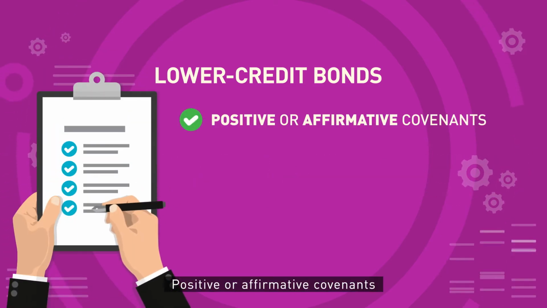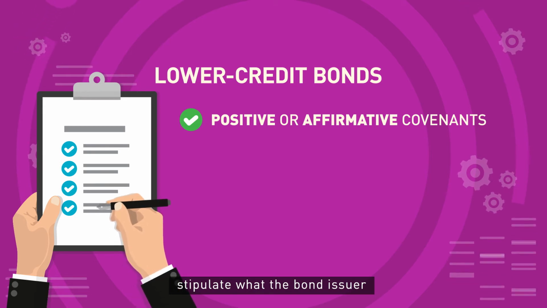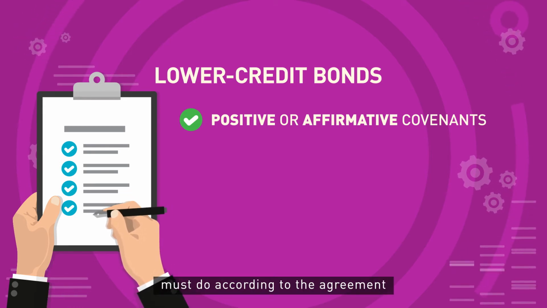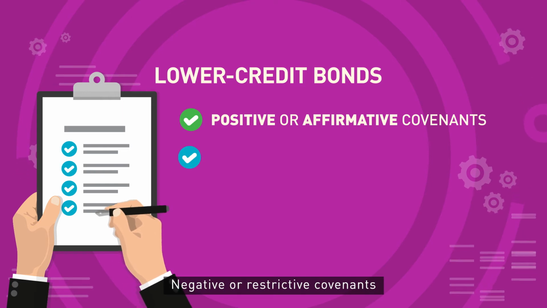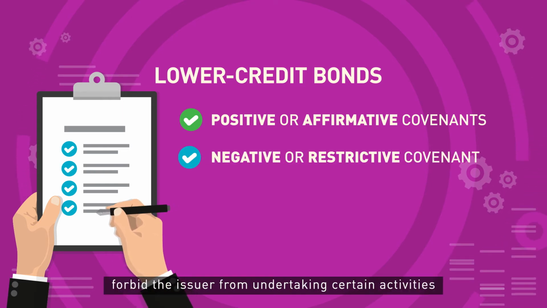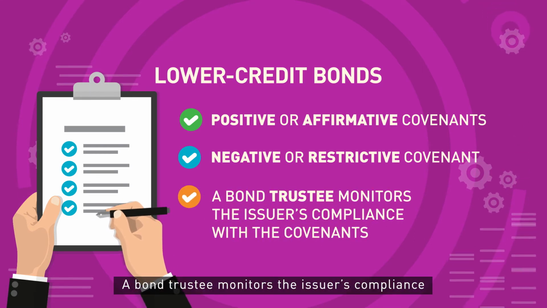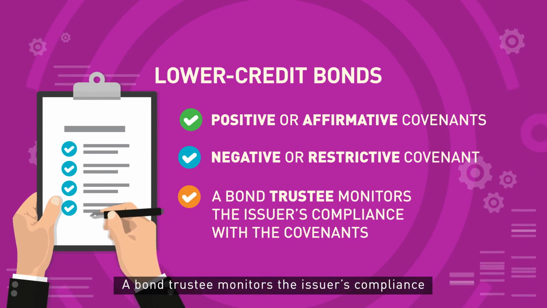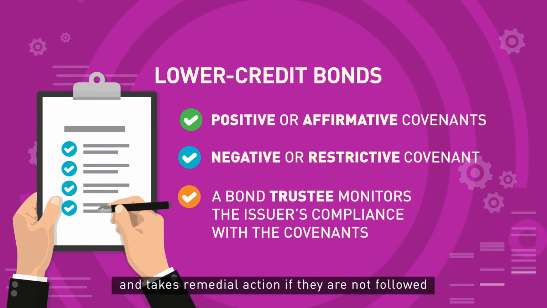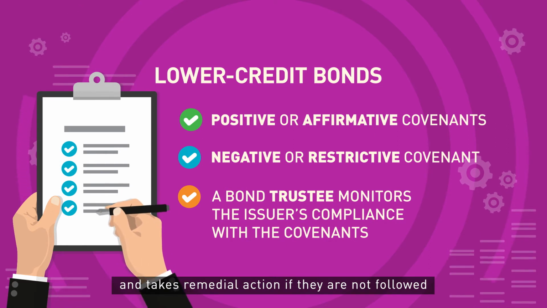Positive or affirmative covenants stipulate what the bond issuer must do according to the agreement. Negative or restrictive covenants forbid the issuer from undertaking certain activities. A bond trustee monitors the issuer's compliance with the covenants and takes remedial action if they are not followed.